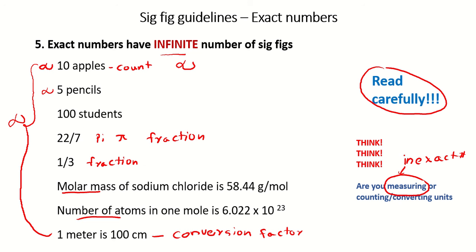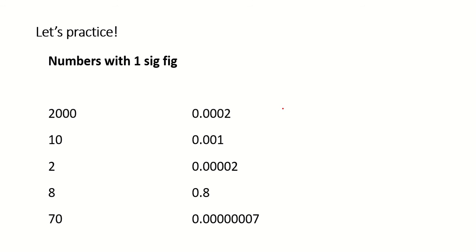How do you know? You have to decide whether you are measuring, counting, or converting. So you have to read very carefully and think about what you are dealing with. Are you dealing with a measurement or an exact number? All right, let's practice some problems.